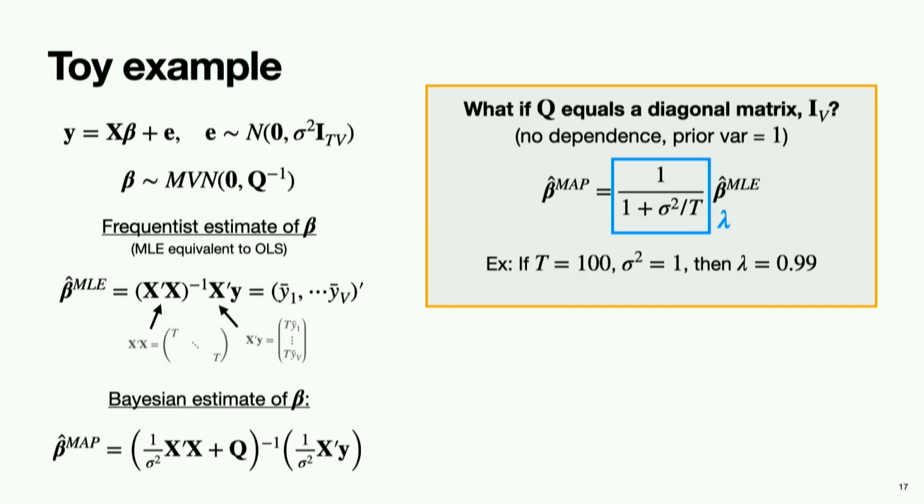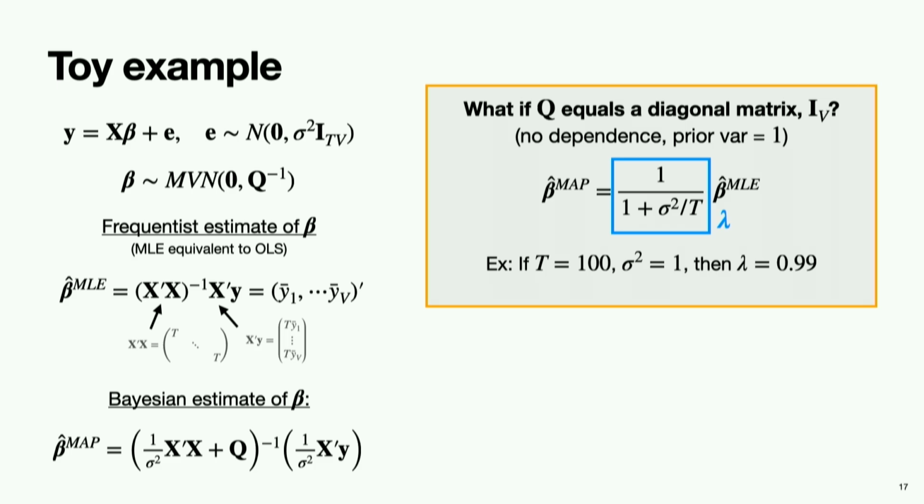So what if instead Q is a diagonal matrix? That's not a spatial prior, right? We've said a spatial prior encodes dependence. If Q is diagonal, it means there's no prior dependence among locations. It just puts a prior variance of 1, so it's going to do a little bit of shrinkage towards the prior mean. The formula that we can come up with for the MAP has this form.